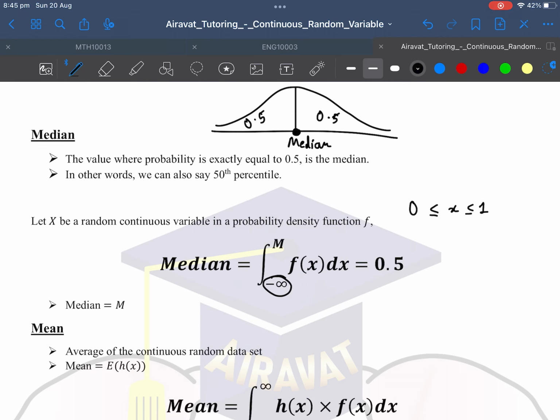In that case, if you were to calculate the median of that function, this would be 0 instead of negative infinity, and this would still be m, because we are finding that x value at which the area under the graph is exactly 0.5 either side. So just keep a note that this is not always negative infinity, but it's going to be your lower terminal, so always be on the lookout for the domain.